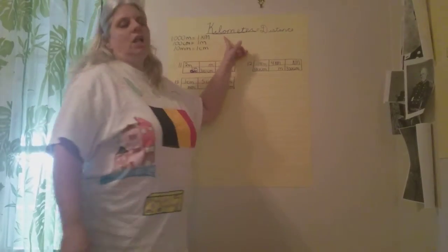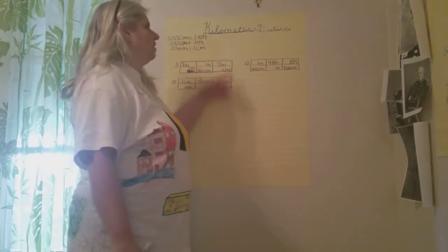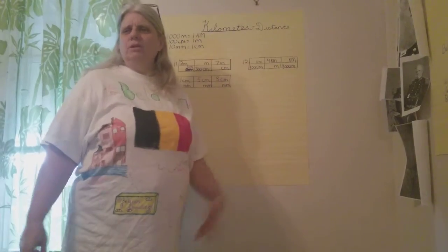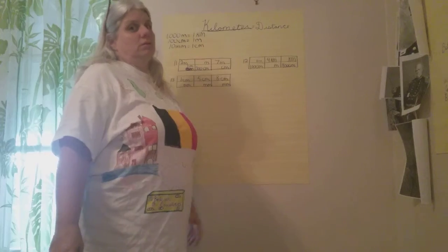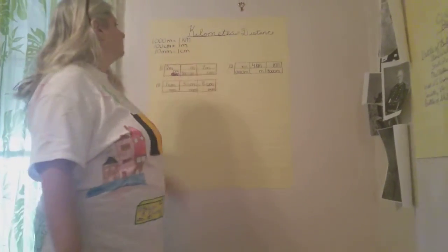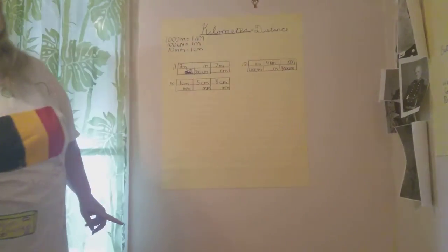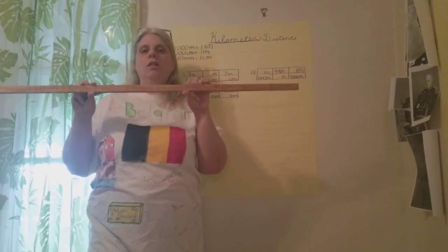So distance is measured in kilometers. Some places in the world say it differently, but usually we say kilometers. It takes 1,000 meters to make 1 kilometer. So think about that, 1,000 of these to make a kilometer.